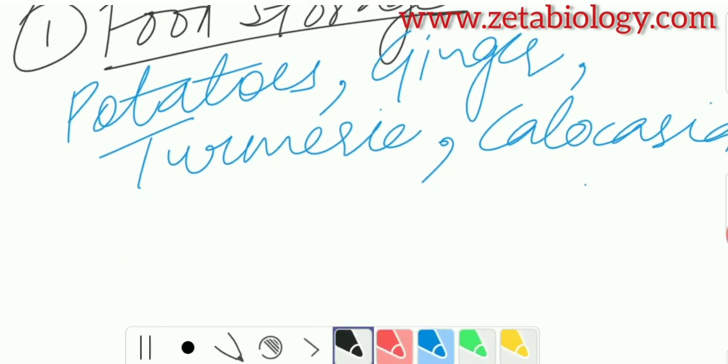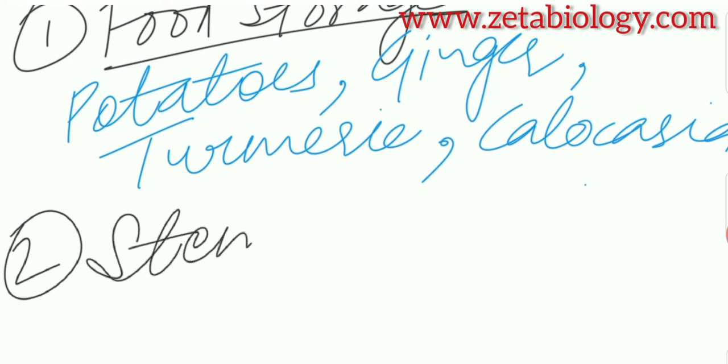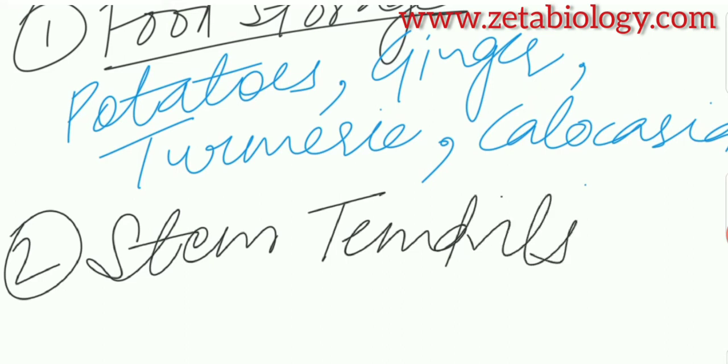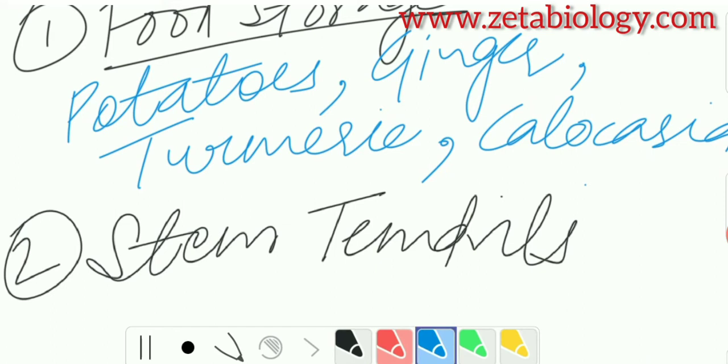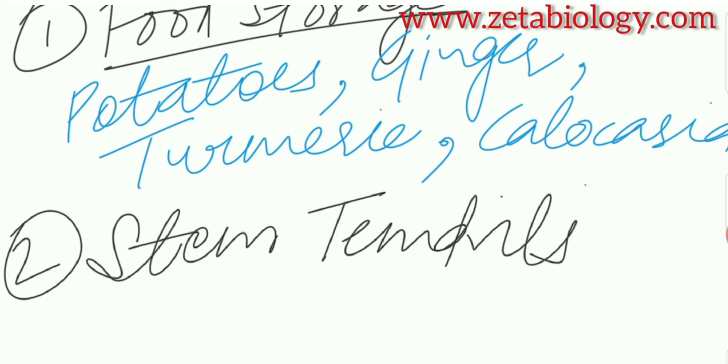Second modification of stem is stem tendrils. Okay, so stem tendrils are the extensions that help plants to climb.